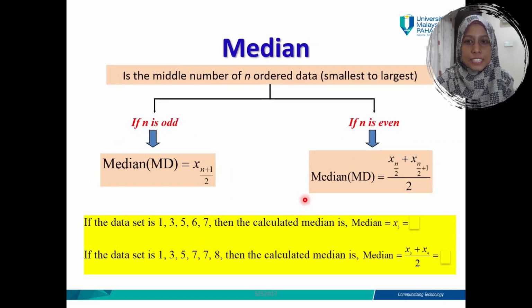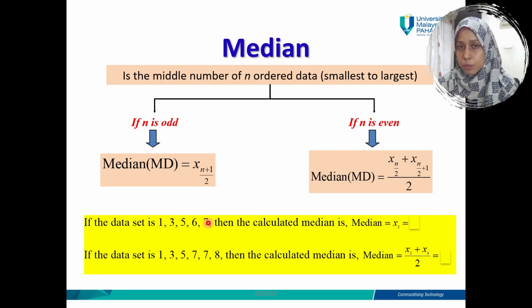Moving on, this is how to find median. Median is the middle number of n ordered data. You have to arrange them in ascending order from smallest to largest. Then only can you determine your median value. Now, if your sample has an odd number of data values, for example here 1 2 3 4 5, there are 5 data values in this data set.